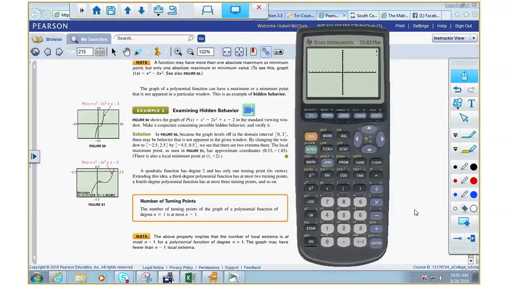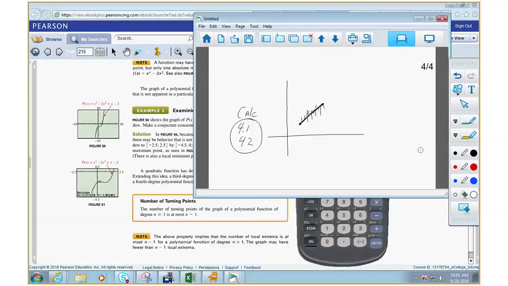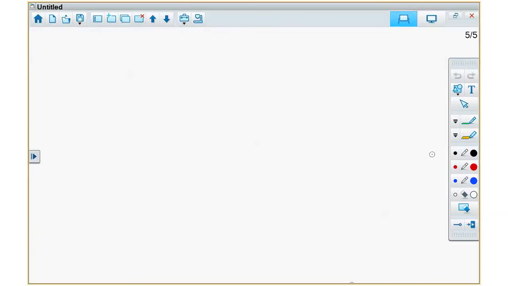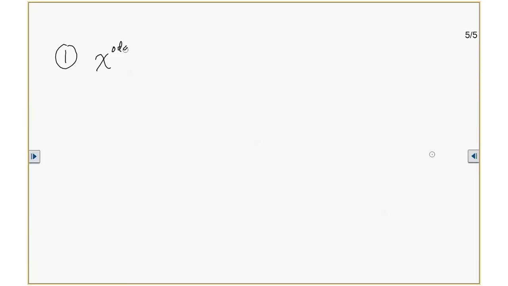So you see it flatten out more. So that's what those two. So the 2 or 3 things that you need to realize in this section for the test is 1, x to the odd power when it's the leading coefficient and the leading term is going to be something like that, or it could be the other way depending on.